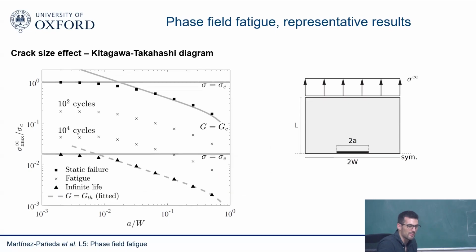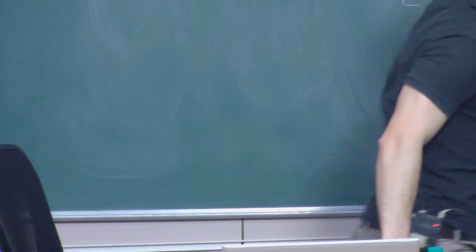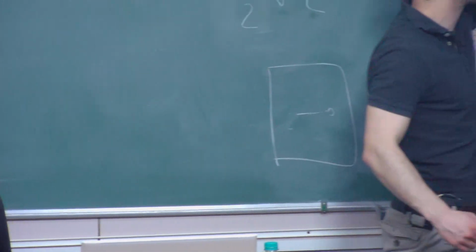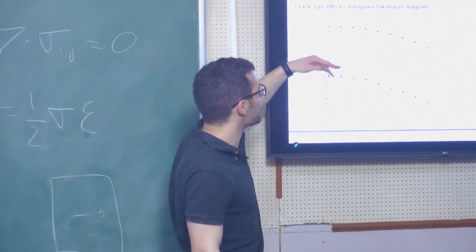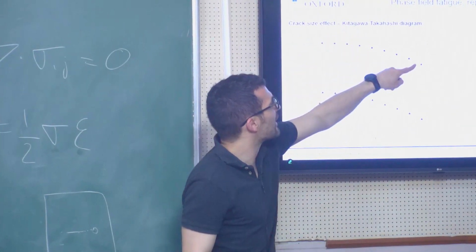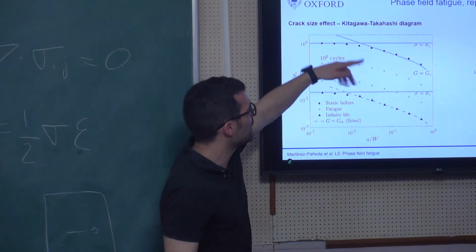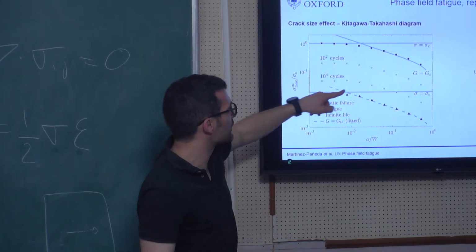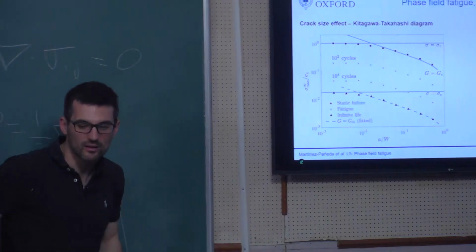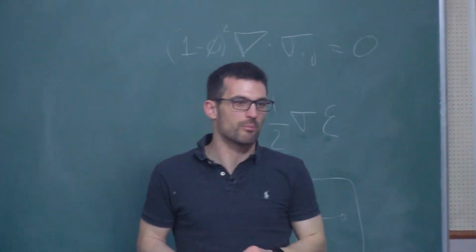We know that the transition flaw size goes in this direction in the static case, and the experiments show it all the time. If this one remained the same and only this went down, it would go in a different direction. So in order to go in this direction, both curves need to go down. To me, it's the most sensible approach.